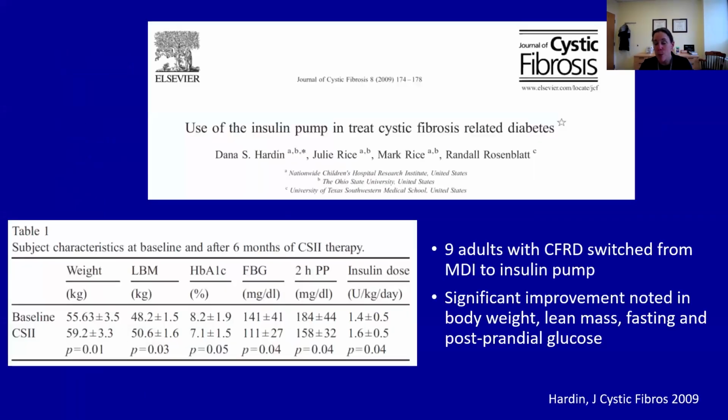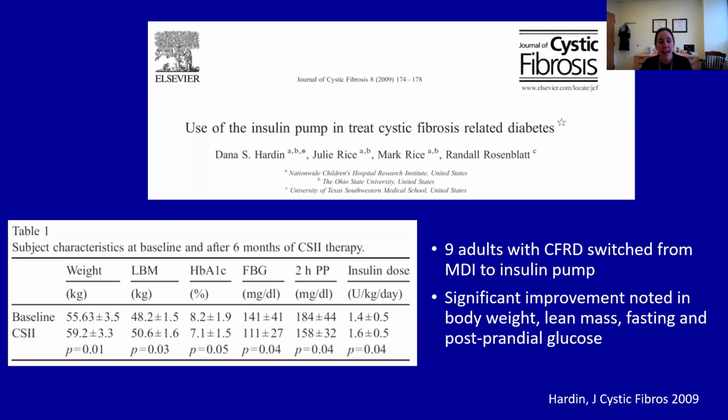So what do we know about insulin pumps in people with CF? And again, not surprisingly, the answer is not that much. This was a study that looked at 9 adults with CFRD as they transitioned from multiple daily injections to insulin pump therapy, and then followed them over a 6-month period.